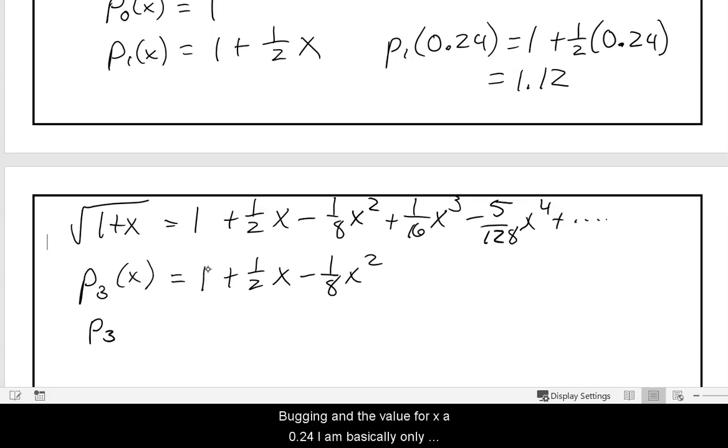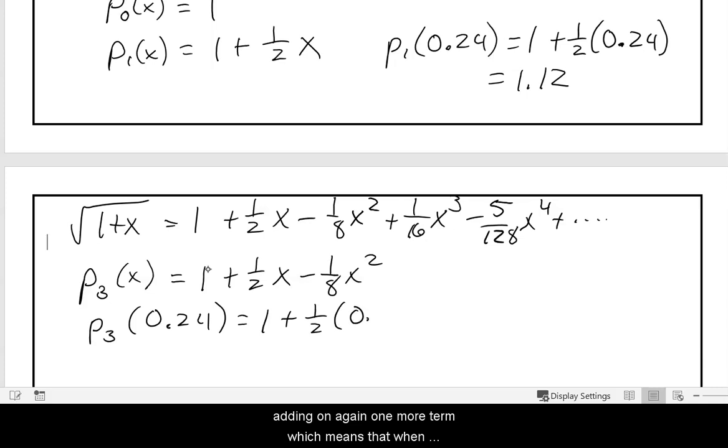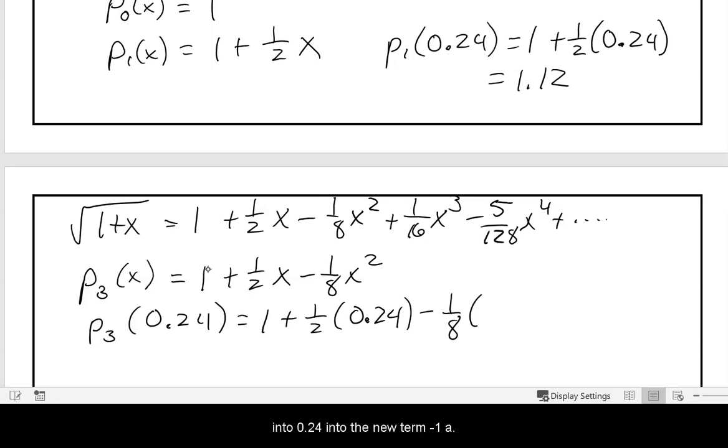Plugging in the value for x as 0.24, I am basically only adding on again one more term, which means that when I compute this, I really only have to think about plugging in the 0.24 into the new term, negative 1/8 times x squared. If you take a moment, go ahead and compute it, then restart the video.